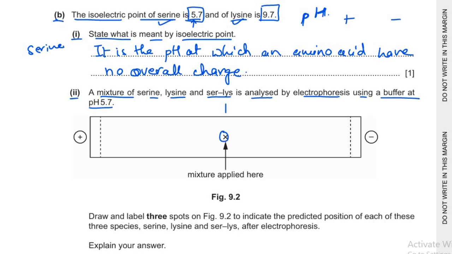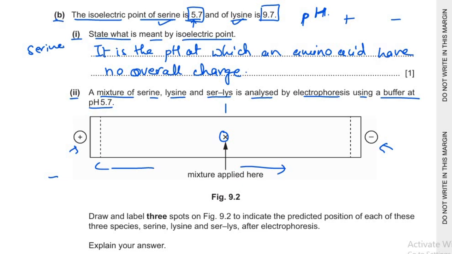After some time, amino acids which are negatively charged will move towards the positive end, and the amino acid which exists as positively charged, with an overall net positive charge, will move towards the negative pole. So there will be a movement of amino acids in two different directions according to their charge.